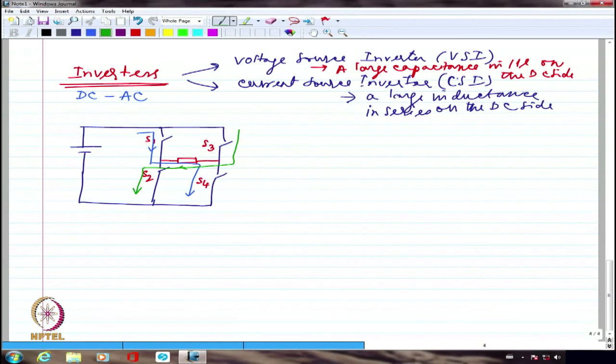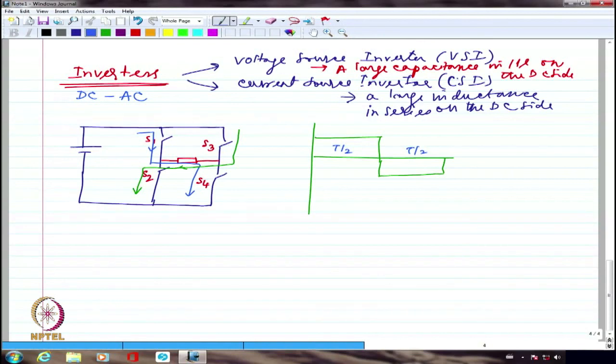But if I assume that I'm going to turn on S1 and S4 for 50% of the duration, and I'm going to turn on S2 and S3 for 50% of the duration. So this is T by 2, this is also T by 2. Of course, I will have a small dead band. Forget about that. That will maybe only be a few microseconds or something. So out of a 20 millisecond cycle, a few microseconds I can neglect. That's okay. Right? Dead band I will require between these two.